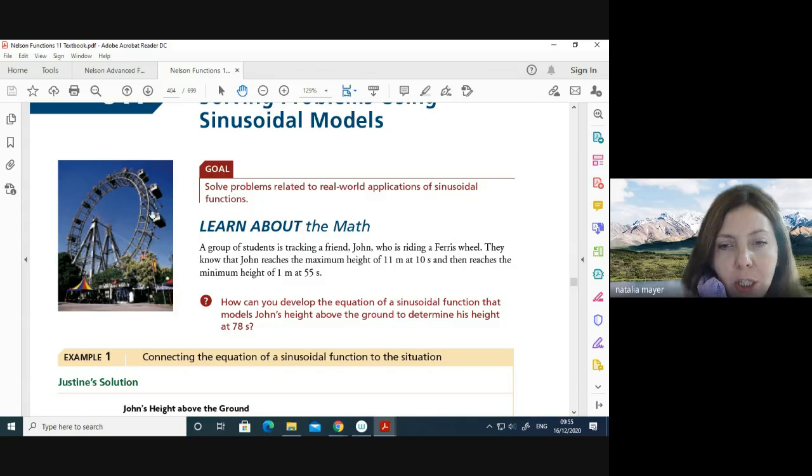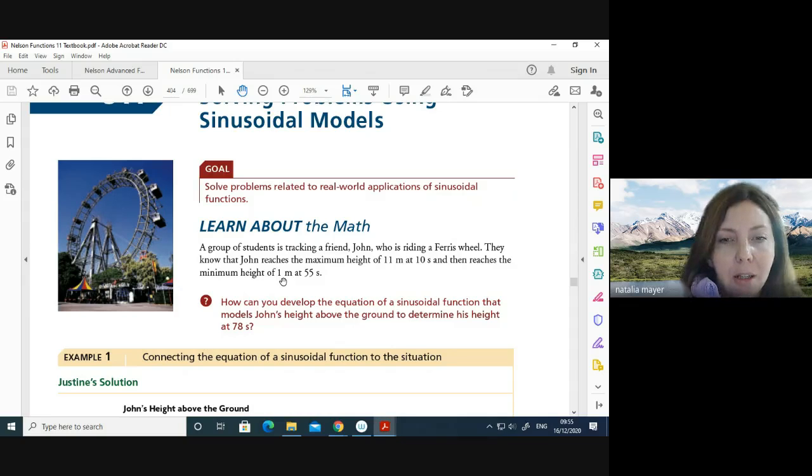My other question is, what is the minimum height of 1 meter? Where on the Ferris wheel is the rider when it's the minimum height of 1 meter? How do you understand this part? Ordinary bottom. Right. When you just land on the Ferris wheel, it cannot be exactly on the ground.